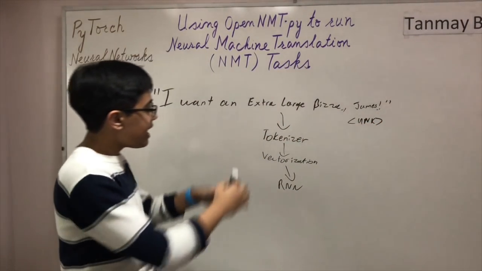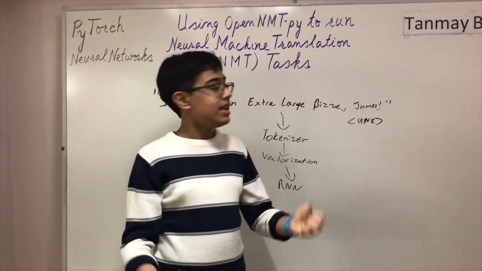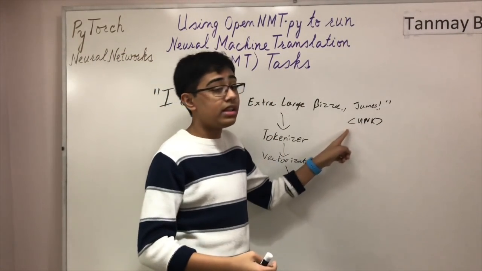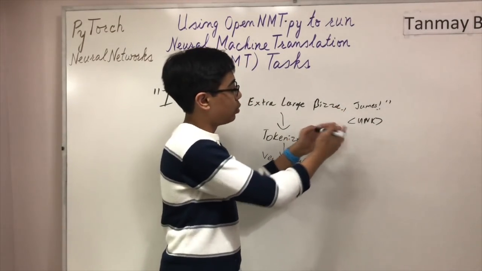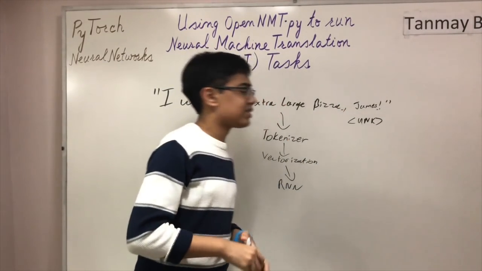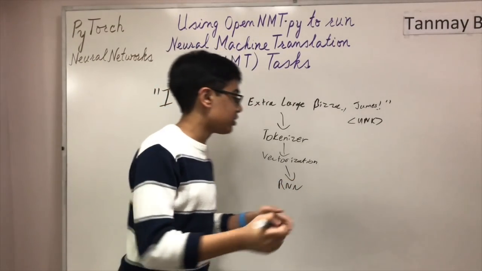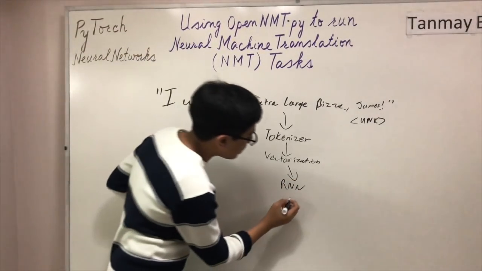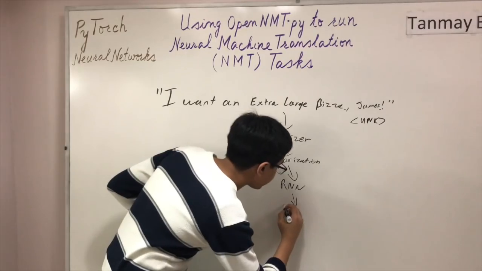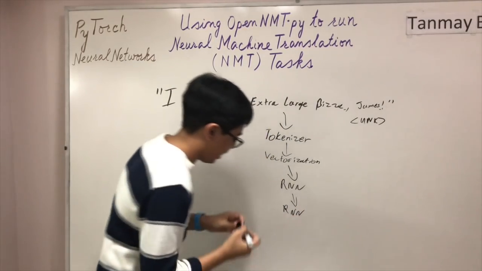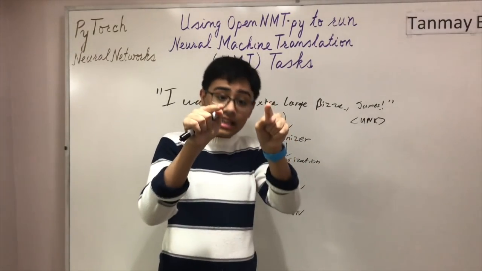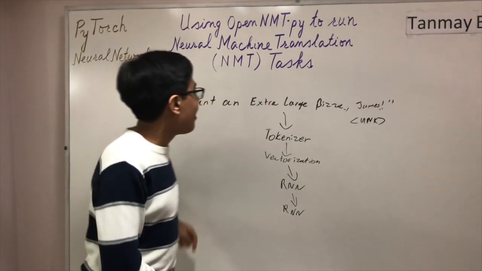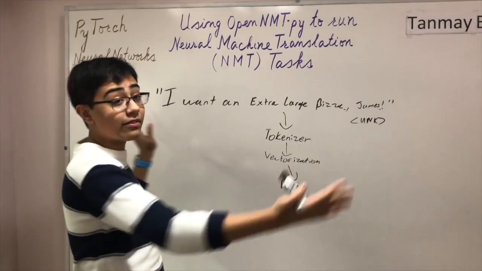Then at the very end, once you are done converting it, you can replace all of the unknown vectors with the actual words from English, because of course it doesn't know how to convert them to French in the first place. Once you're done with that recurrent neural network, it feeds into one more recurrent neural network that takes the encoded vector and decodes it back into a huge vector that represents this exact sentence in French.